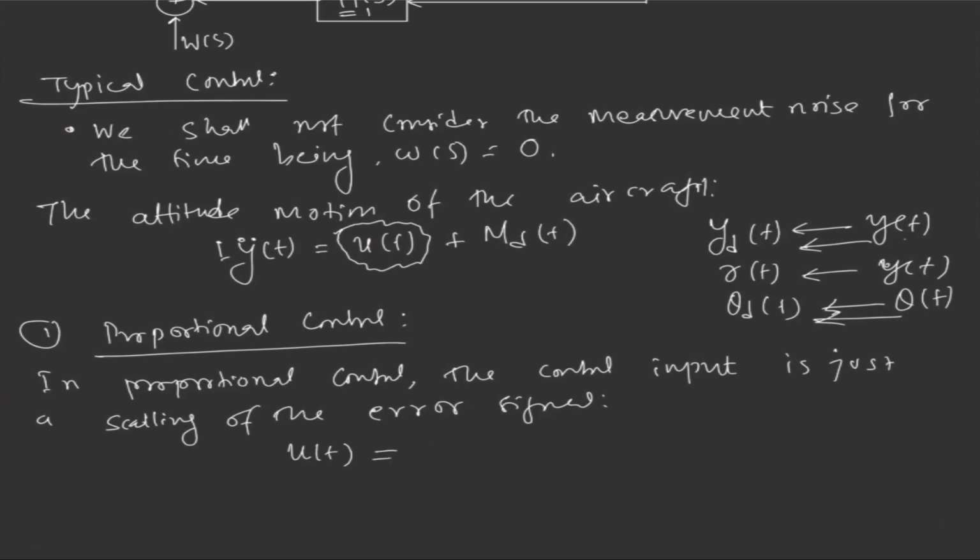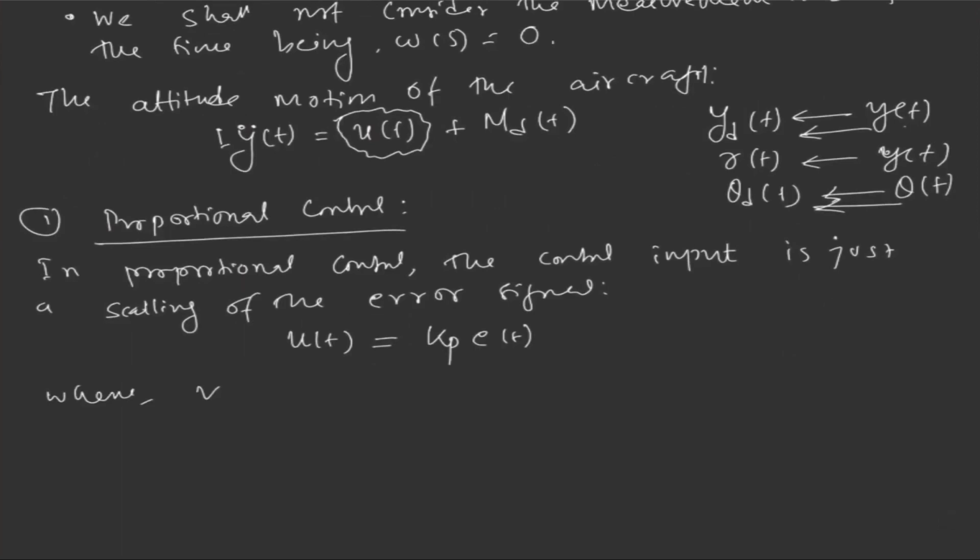We can write Kp E of t. So Kp is the scaling factor of the error signal, where Kp greater than 0 is the proportional gain.